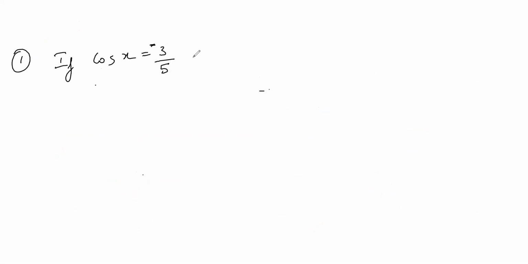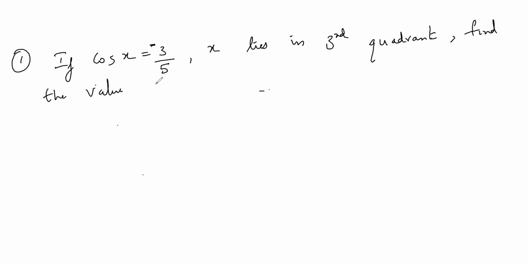Cos x is equal to minus 3 by 5 and x lies in the third quadrant. Find the value of the other trigonometric functions.